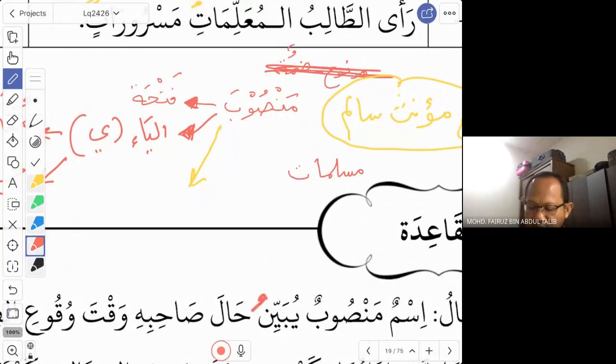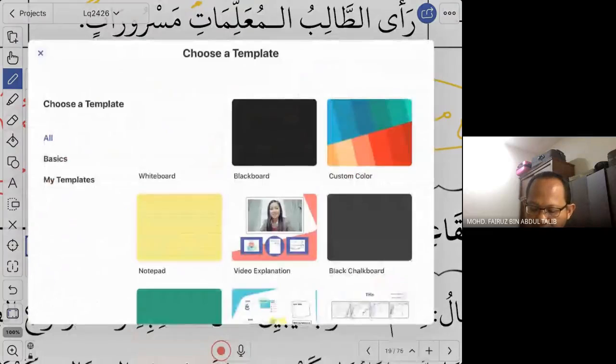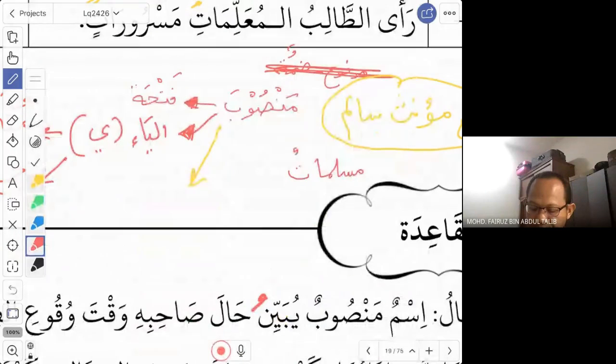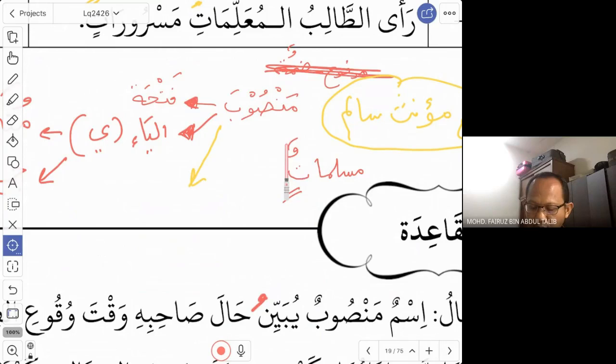Jama' muannas salim can only accept dhamma and kasrah. This is true for all jama' muannas salim. Again, I repeat, for muslimat, mu'minat, talibat, salihat, and so on, you can only have either dhamma, muslimatun, talibatun, or kasrah, muslimatin, talibatin, mujtahidatin, and so on.